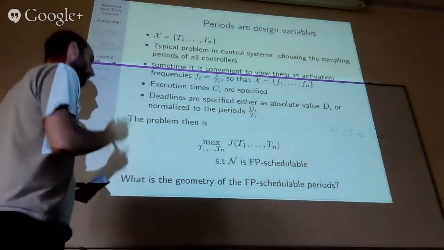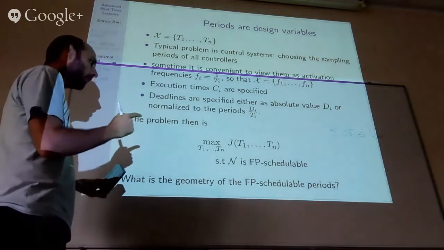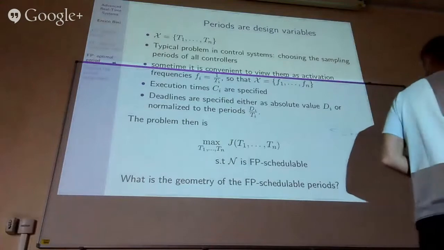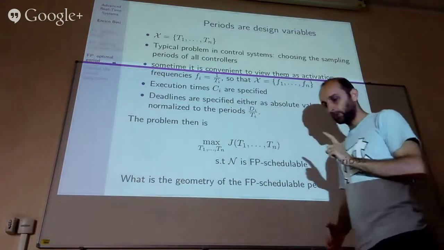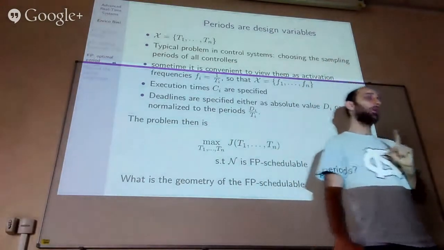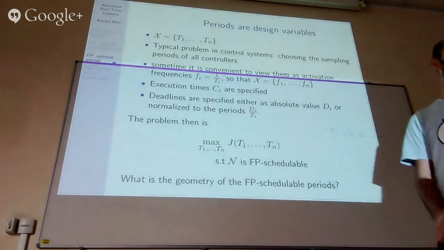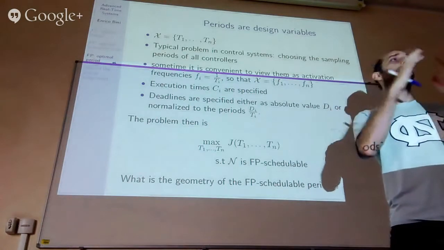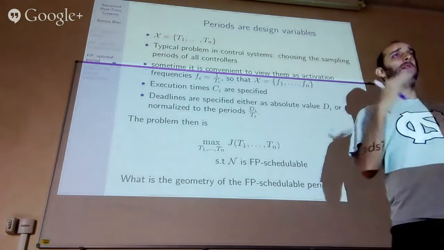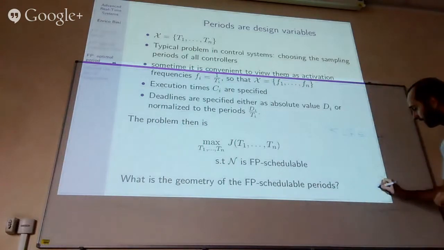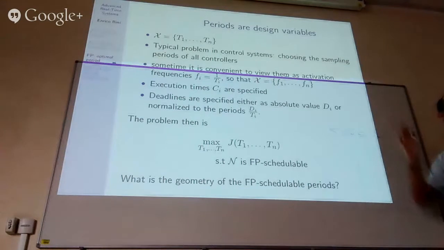Now the question is, what is the geometry of FP schedulable periods? Because if you remember, with the sensitivity analysis, the geometry of computation time was found because we had those linear inequalities which had to be combined with AND or OR, and we were producing that type of shape, the 3D one, maybe you remember.